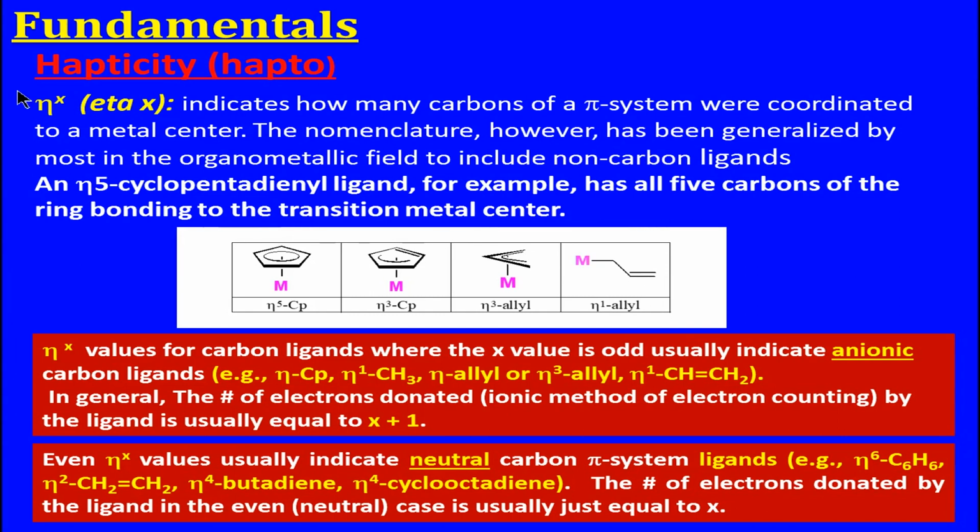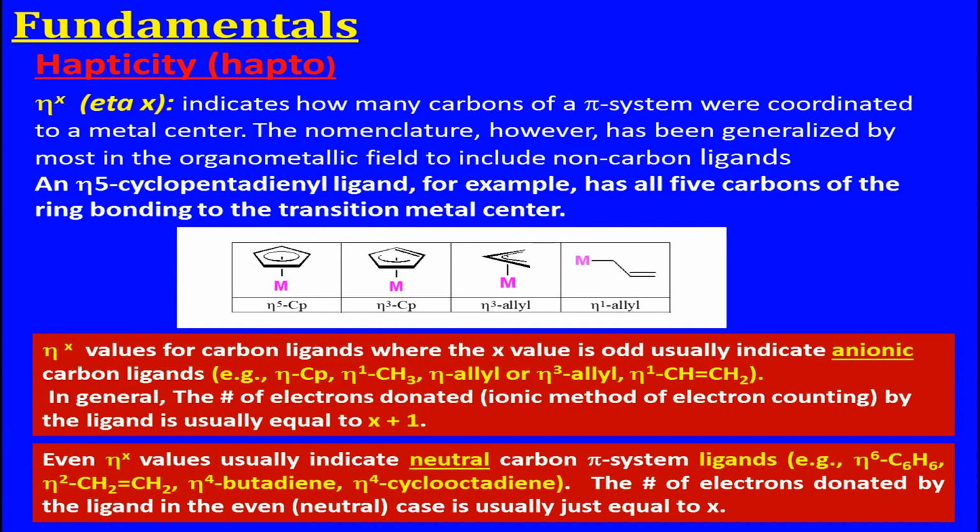Before, in organometallic chemistry, we used the term eta-X or hapto-X only to indicate the number of carbon atoms of a pi system coordinating to a metal center, but the nomenclature has been generalized in the organometallic field to include even non-carbon ligands.